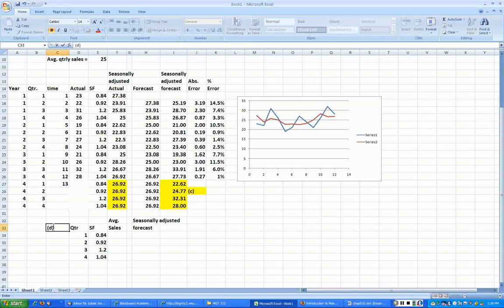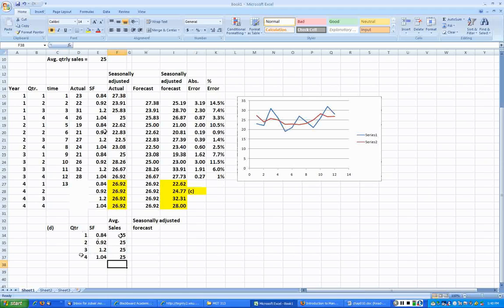Given this forecast for the year, what is the quarter by quarter forecast according to the seasonal factors? Okay, so for the next year they say they average about 100 is what they're going to sell. So that means per quarter average sale should be 25 houses in each quarter, quarter 1, 2, 3, 4 of the next year.